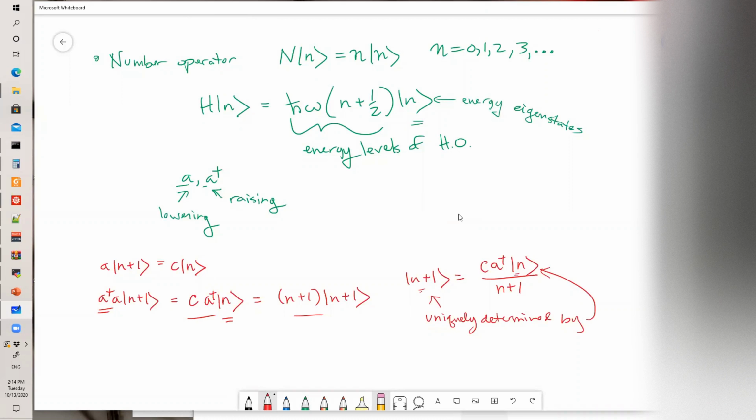And moreover, you can, of course, fix the normalization for these things.